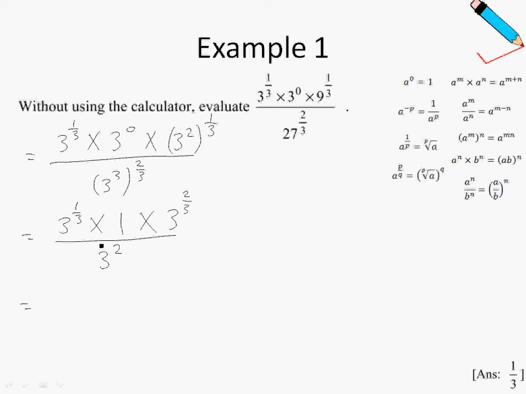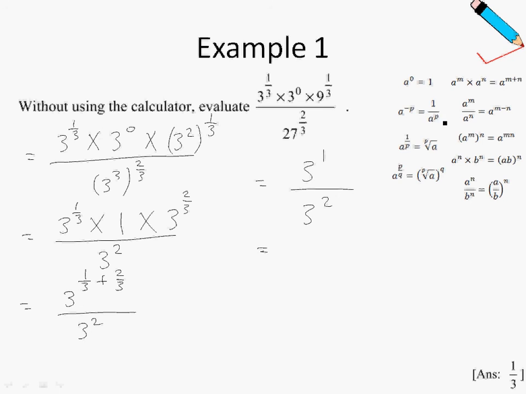Anything multiplied by 1 is itself, so 1 is not important anymore. 3 to the power of 1/3 times 3 to the power of 2/3 will be 1/3 plus 2/3, using the law you see over here, divided by 3 squared. 1/3 plus 2/3 is 1 whole, so 3 to the power of 1 over 3 squared.